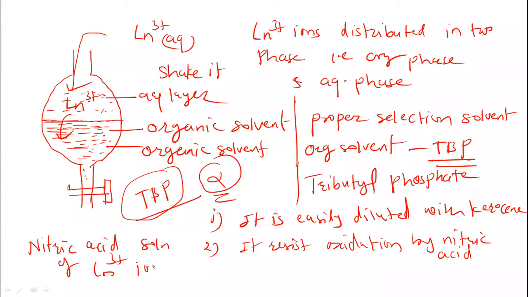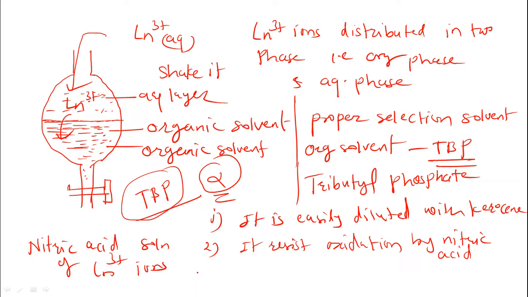It means that the solution is prepared in nitric acid. Nitric acid is an oxidizing agent, so it will oxidize the organic solvent. But TBP does not oxidize in presence of nitric acid. It resists oxidation by nitric acid.